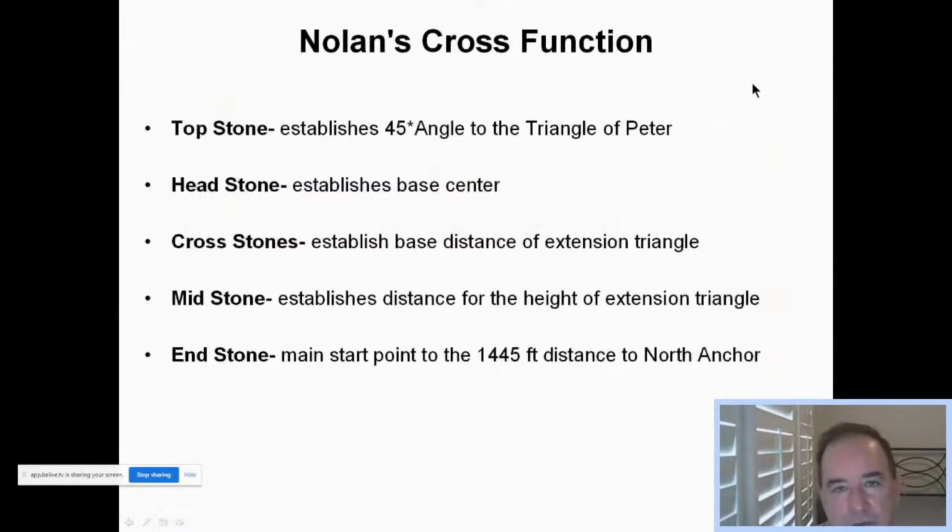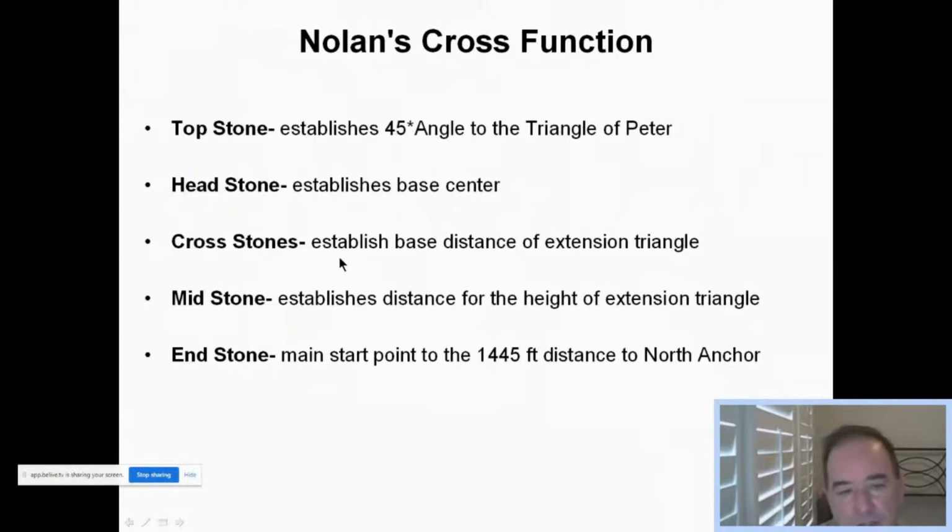The functions that we have discovered of Nolan's cross with this theory: the top stone establishes a 45-degree angle to the triangle of Peter. The headstone basically is the base center.